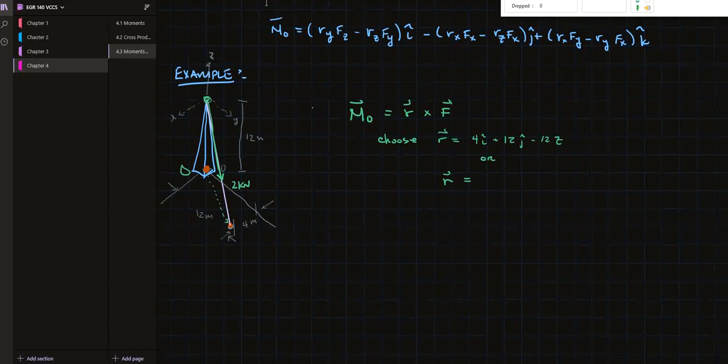Since by definition, if we're going to take our moment about O, we need to shoot the position vector from O. So from O, our position vector actually is 4I plus 12J. But here from O, a position vector that touches this line of action is actually shorter we could use. And it's just up the z-axis. So this is 12K.